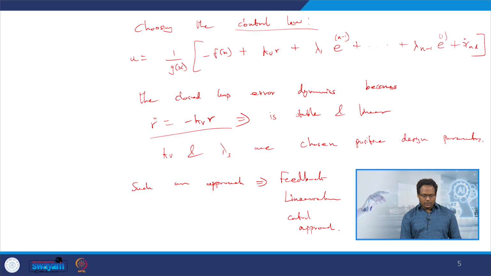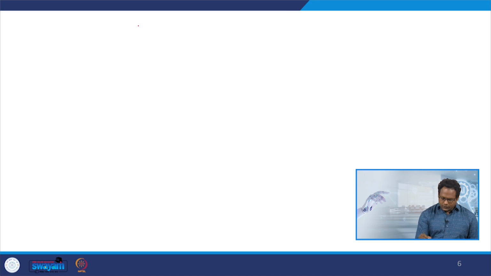Now, let us talk about the condition when f of x is unknown and g of x is known.